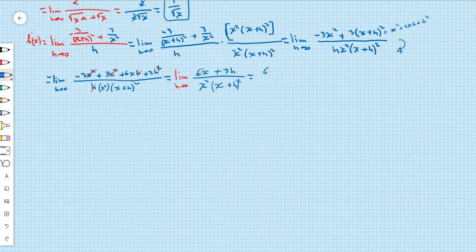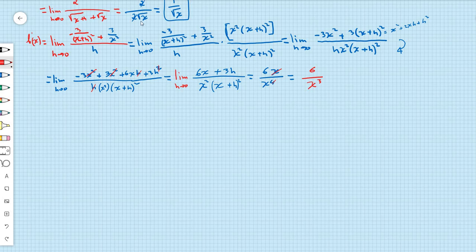So that would be 6x over x to the 4th power, and we can simplify this as well. These x will cancel out, so the result will be 6 over x to the 3rd, right?